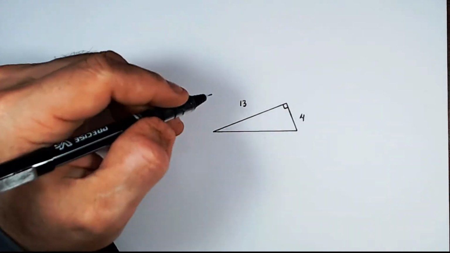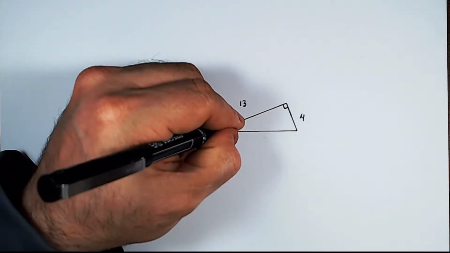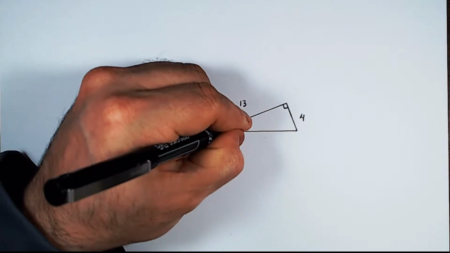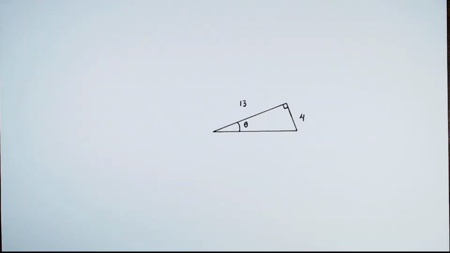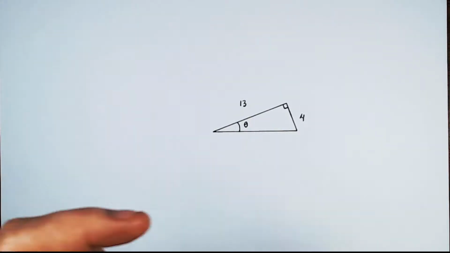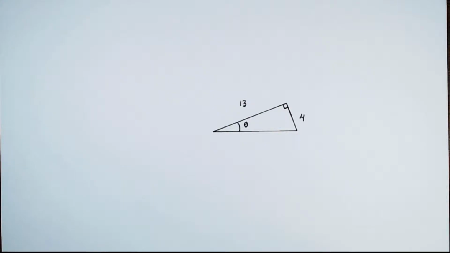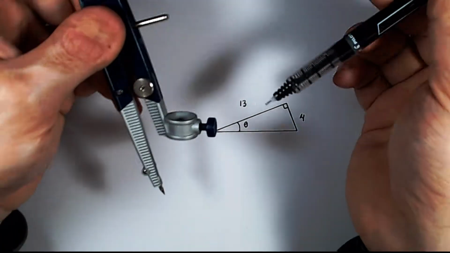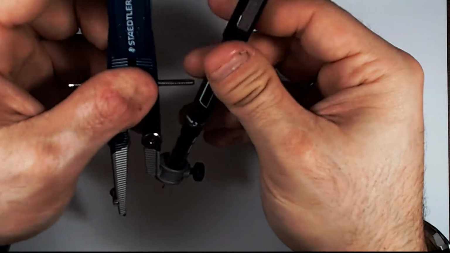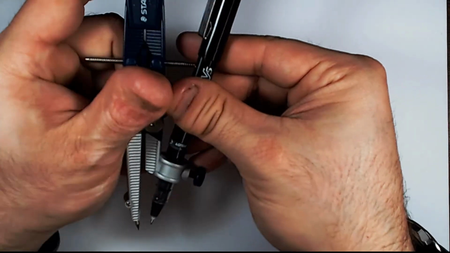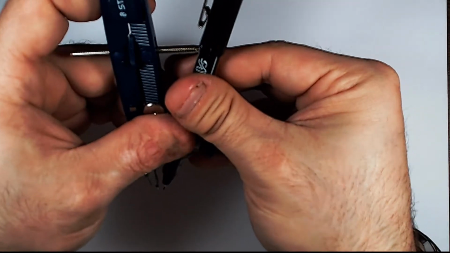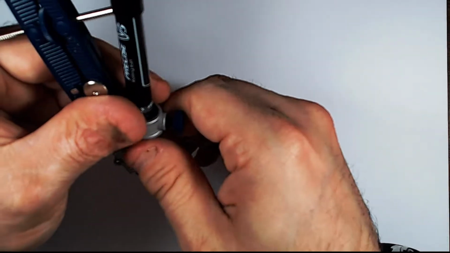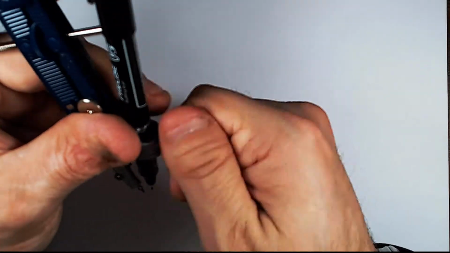So what we're looking for in this problem is the angle theta. Before we find that angle, let's insert our pen into the compass that we have. Make sure it's straight.